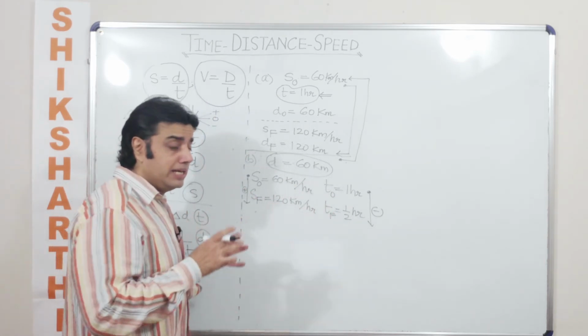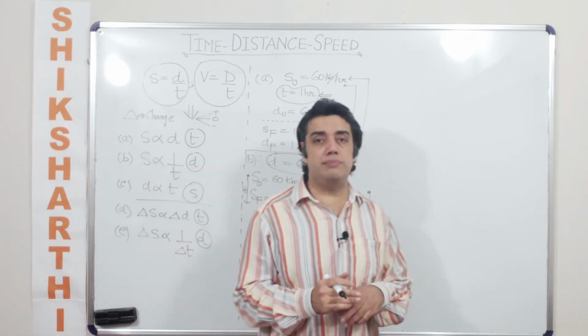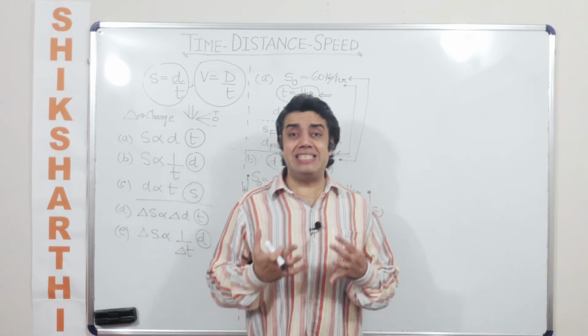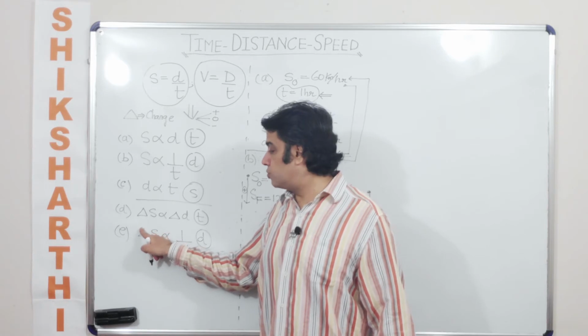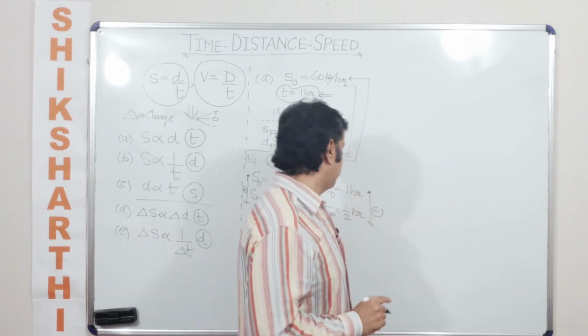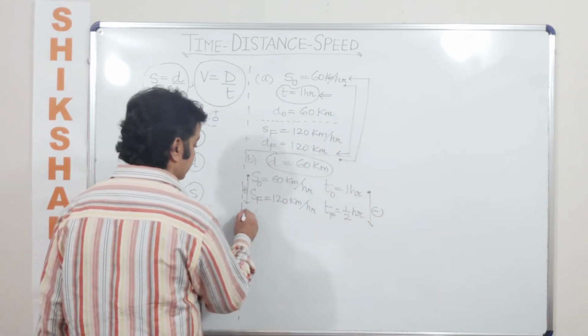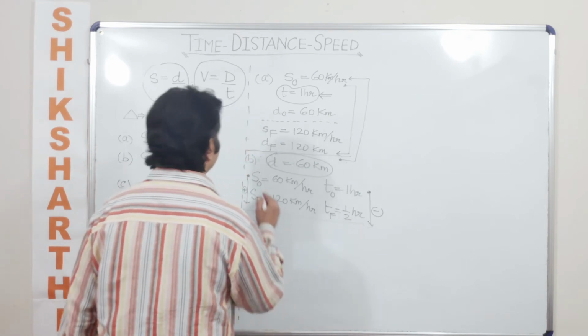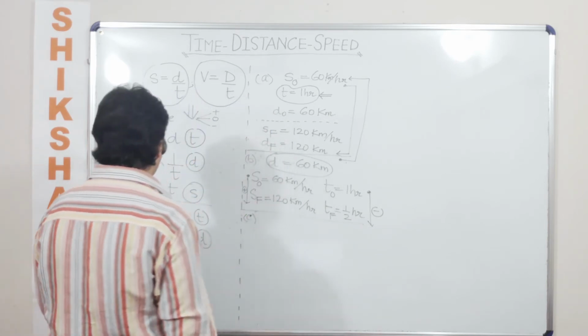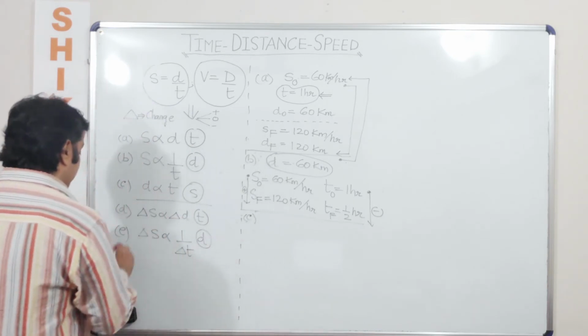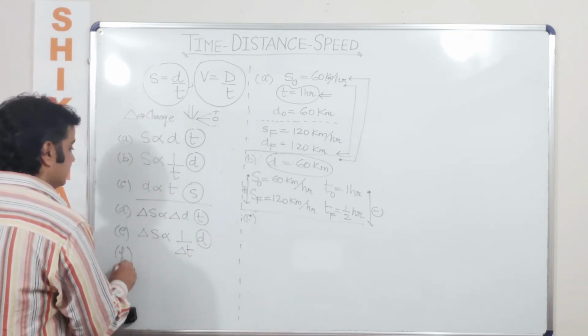So not only their absolute values are inversely proportional, but the changes in values are also inversely proportional to each other. Last but not the least, so let me talk about the third case here. So A, B, C. So the third case here is, now we are comparing distance with time.